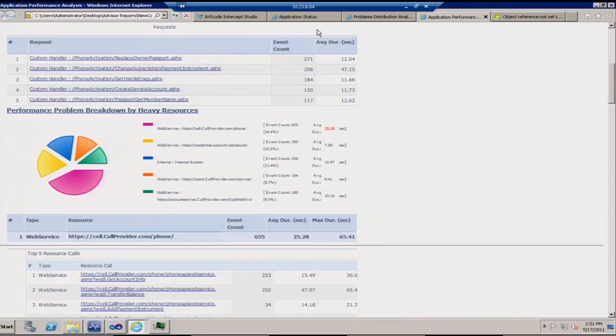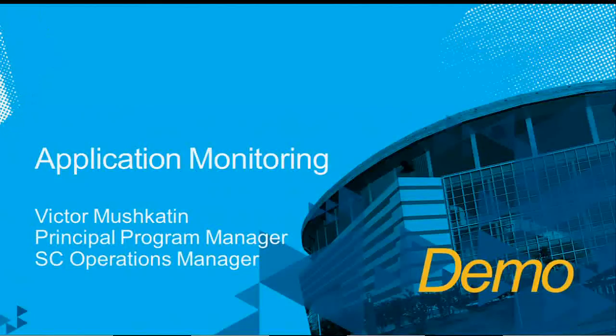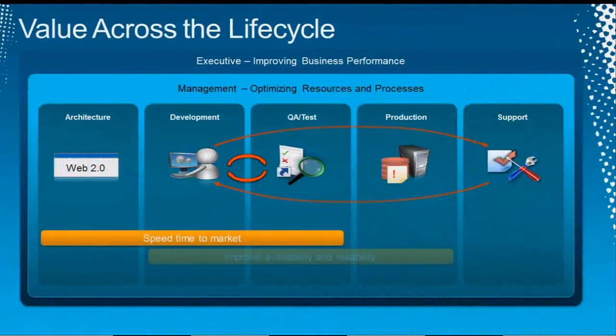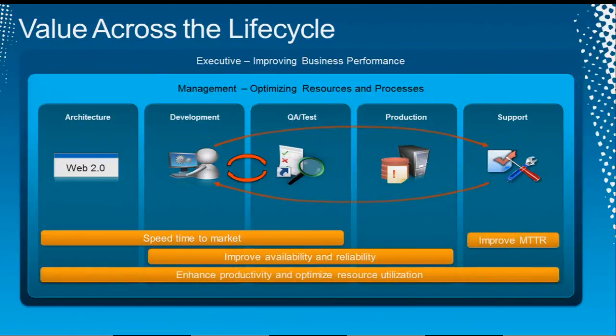So going back to the PowerPoint, the value that AVIcode provides cuts across the lifecycle. From the development standpoint, you may not need to instrument as much. You may need to focus only on expected problems.